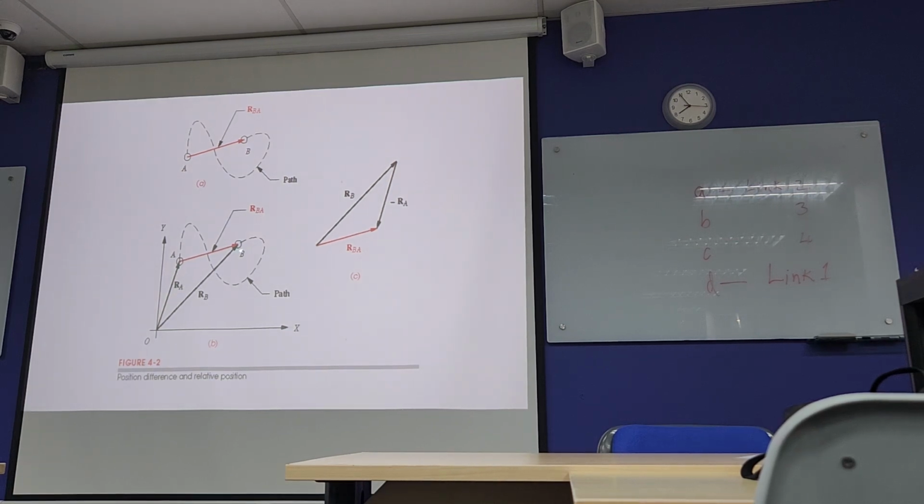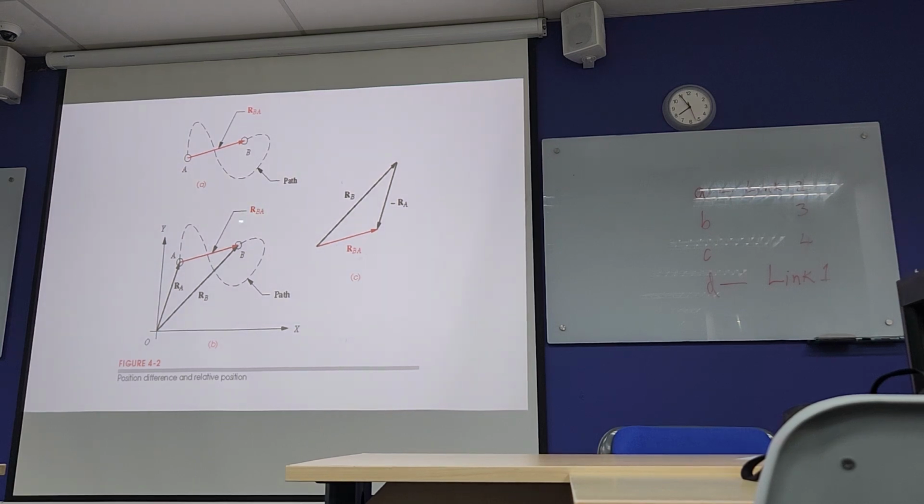The position of this is shown as RB. Now this one is the position of B from A. You can write RB slash A, or textbooks write BA. That means the position of B from A. And the arrow is important. We are looking at the position of point B but from A.